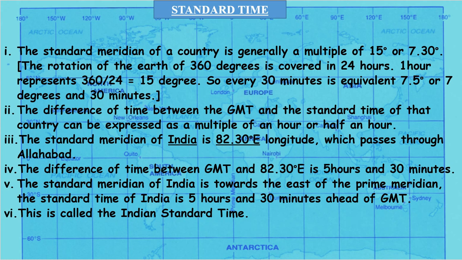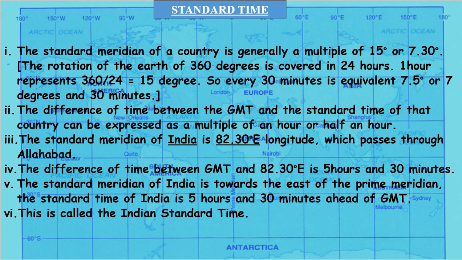We have already seen how to find the time difference between two longitudes in local time, so do find it out with that method. You have to find out the time difference, not the local time.